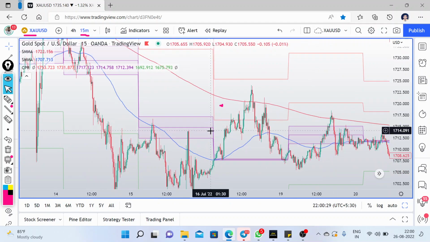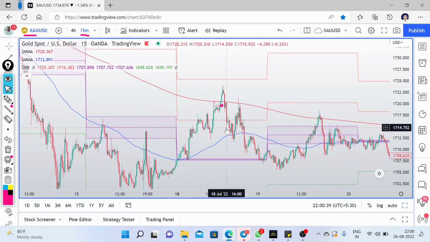So if you like this method, and if you are not able to understand, then you can message me. I will explain more in the next video. So this is a very good crossover strategy. I personally follow this method for scalping, or for swing trade also. I will discuss more about this if you want to ask more.